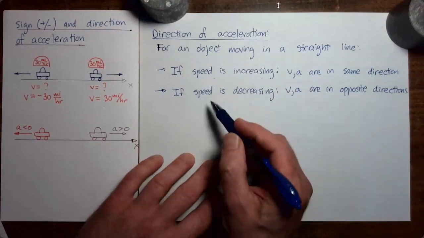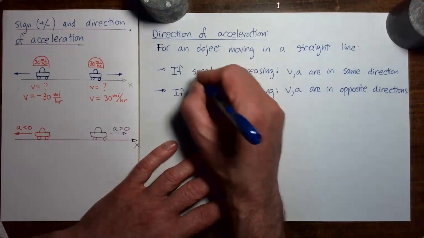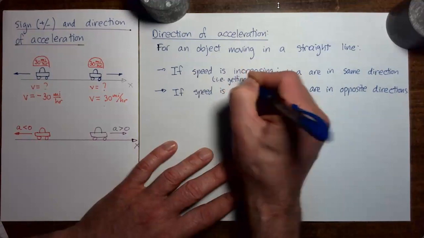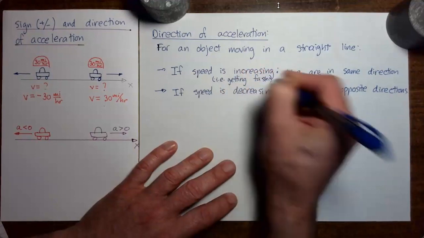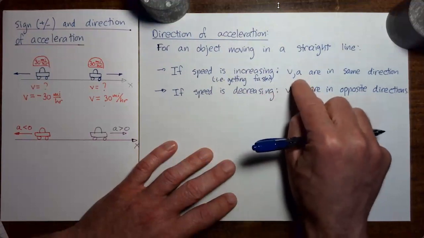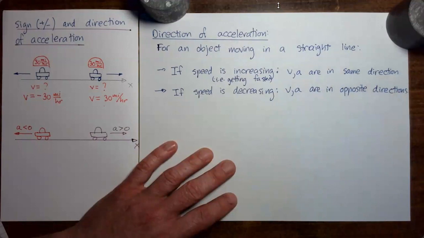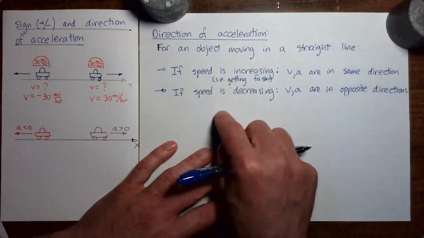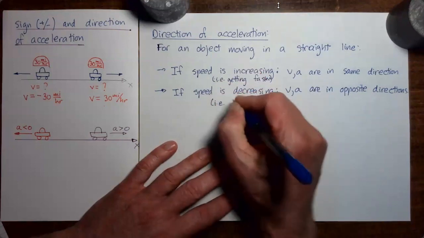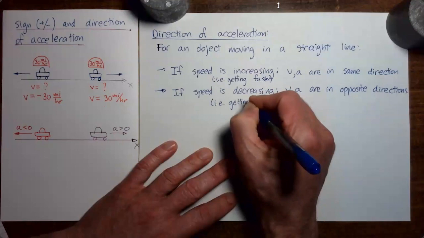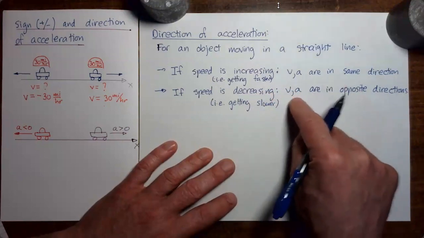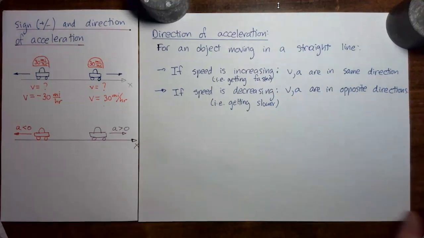In other words, if the object is getting faster, then the velocity and acceleration of the object are in the same direction. If the speed of the object is decreasing, in other words, the object is getting slower, then the velocity and acceleration are in opposite directions.